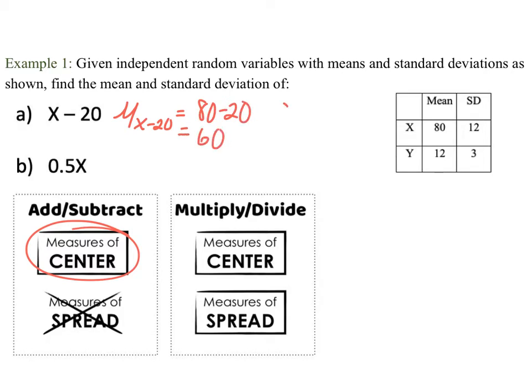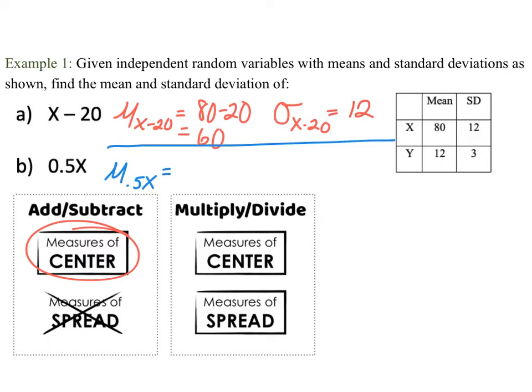How about the standard deviation of x minus 20? Well, measures of spread are not affected by adding or subtracting a constant. So this is going to stay at 12. Next, we're told to do 1/2, or 0.5, times our random variable.